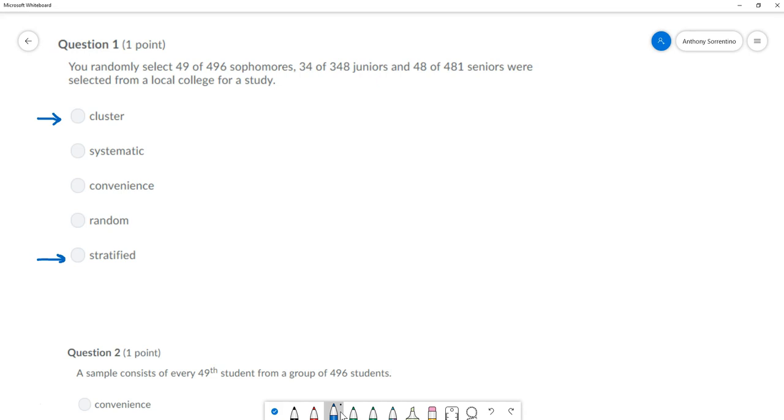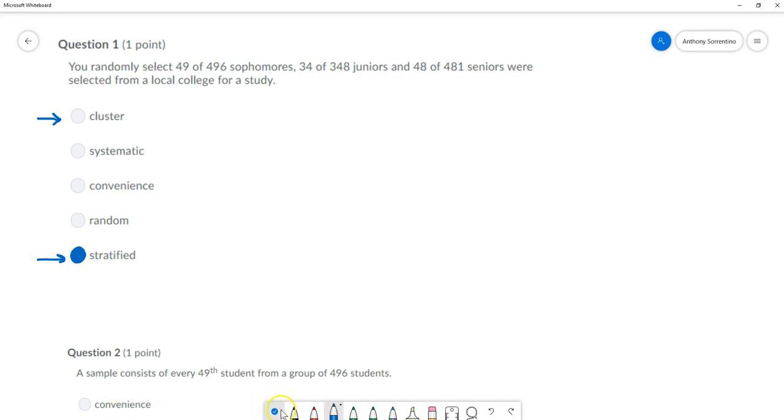The fact that I have 3 groups here and members from all 3 groups being chosen leans more heavily towards the stratified sample. So that would be the best answer for the situation given. As I said, those two get really difficult to discern from time to time, since they're very close in many different ways.